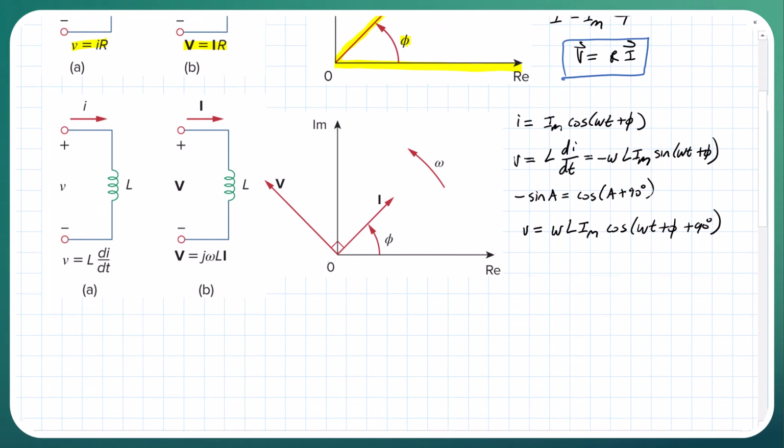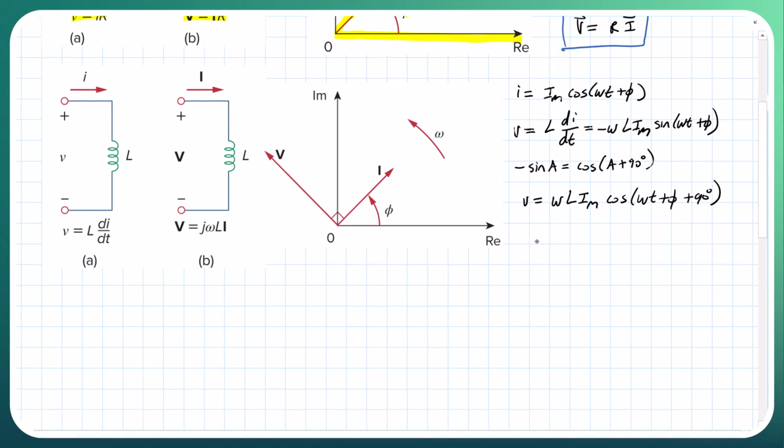And then we can transform this into phasor. Our vector V is equal to omega L Im e to the j phi plus 90 degrees, which equals omega L Im e to the j phi e to the j 90 degrees, which is equal to omega L Im at the angle phi plus 90 degrees.